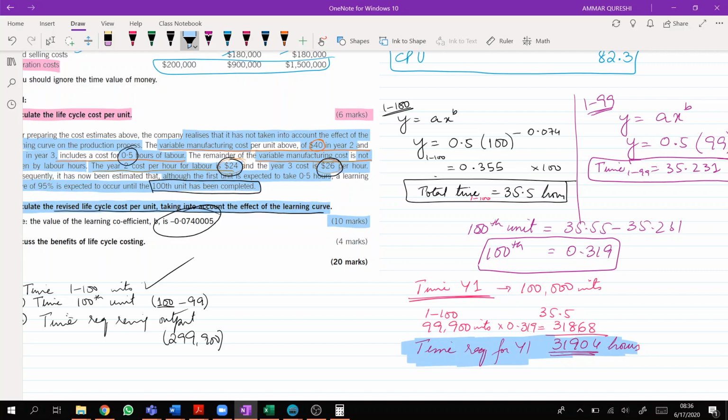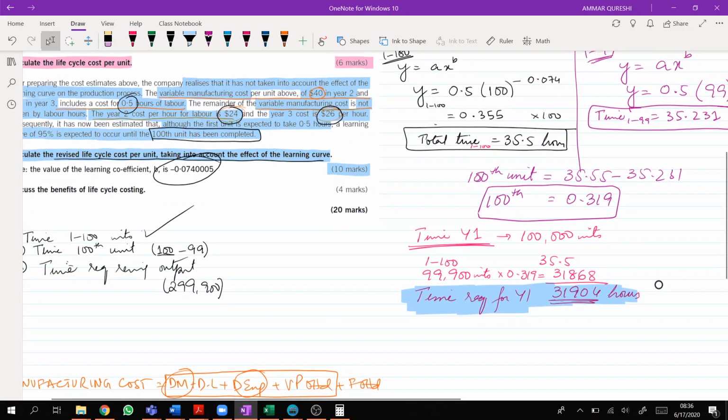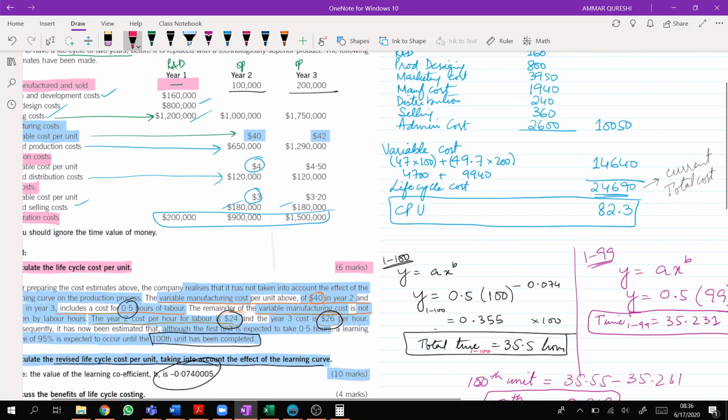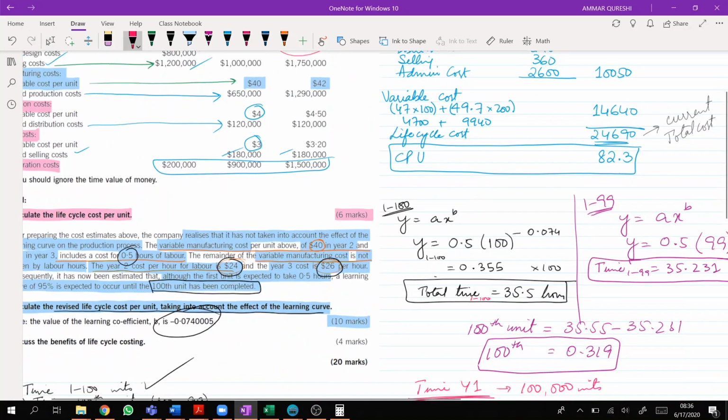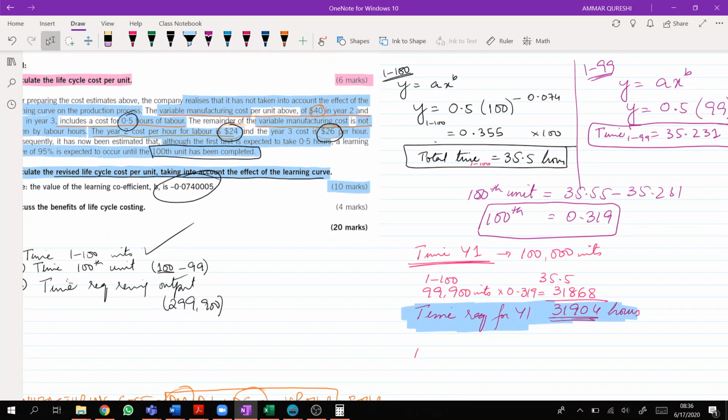Now, what will be the time for year 2? It's very simple. Time required for year 2 will be, how many units are in year 2? There are 200,000 units in year 2, right?